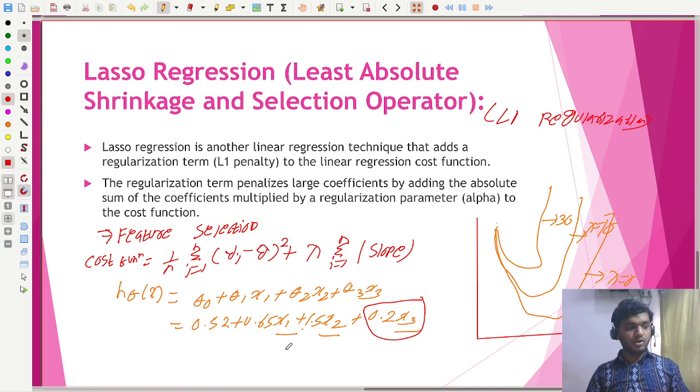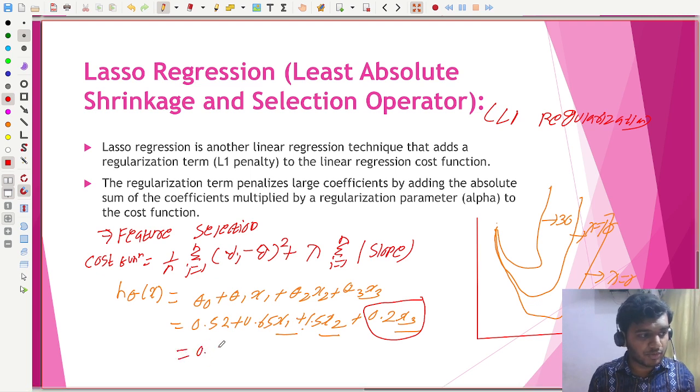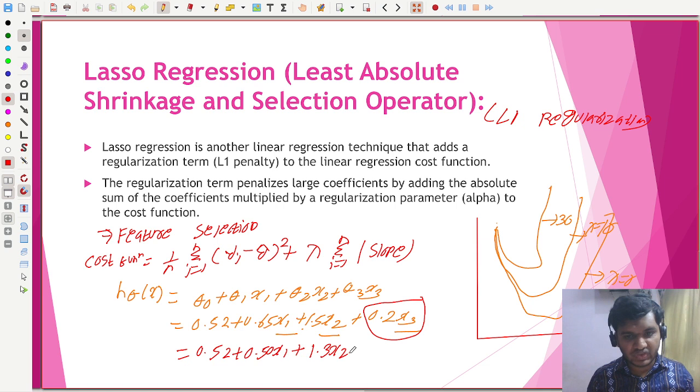Okay, so for this, here you notice h theta of x equal to 0.52 plus 0.50 x1. The value is slightly decreasing. Then 1.3 x2, then 0.1 x3.